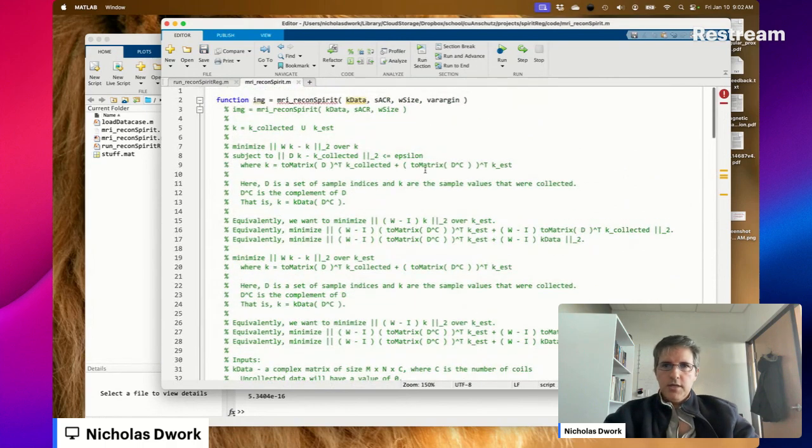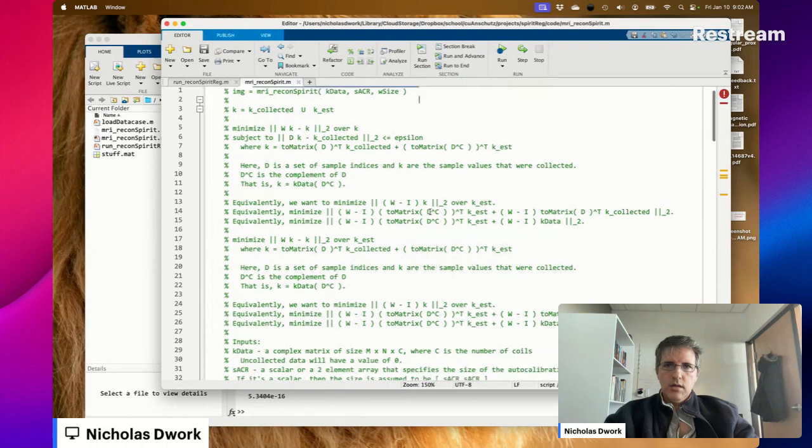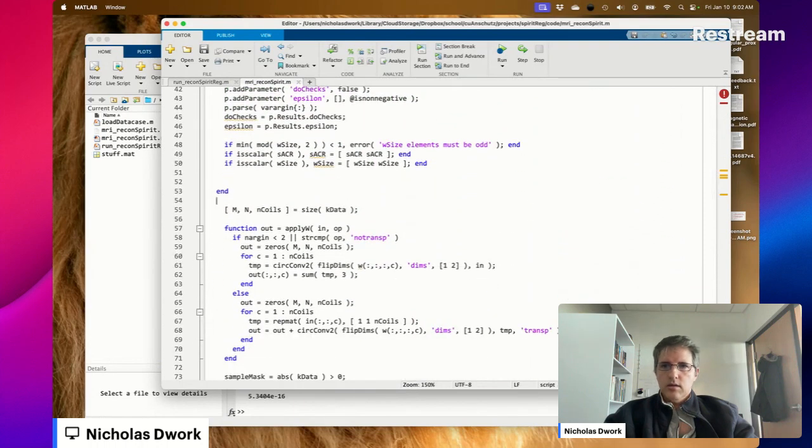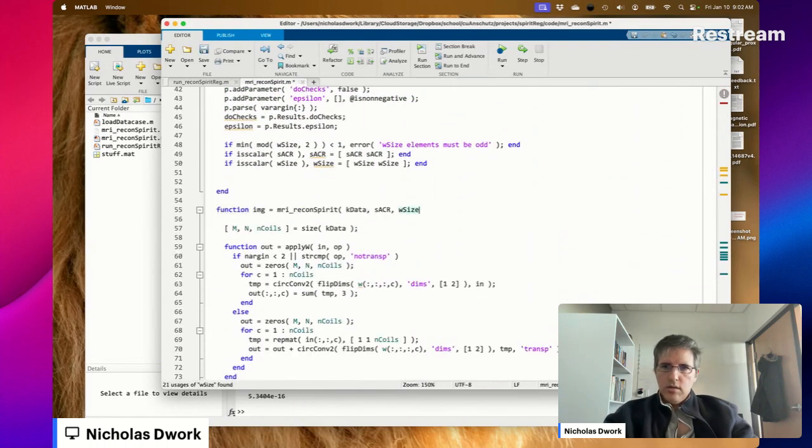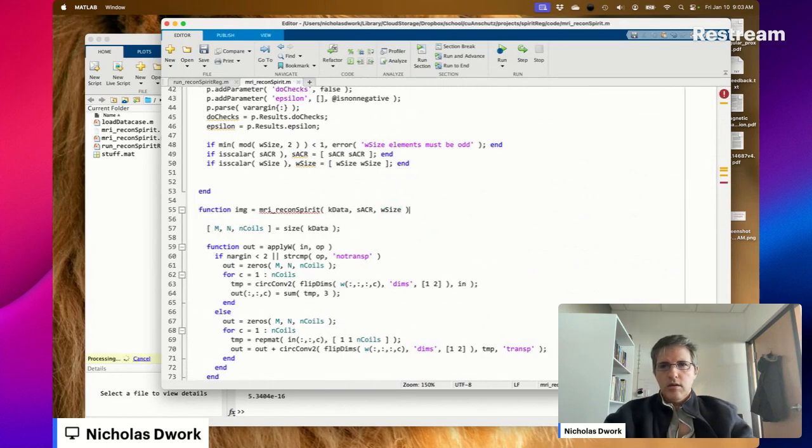I'm going to create a new function. This is going to be epsilon 0.